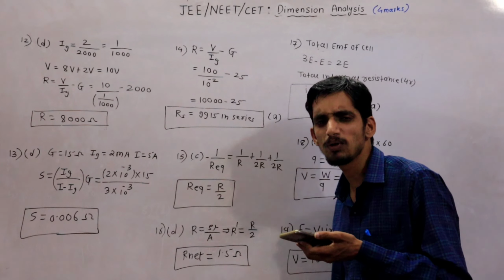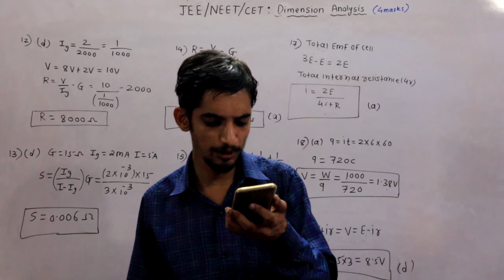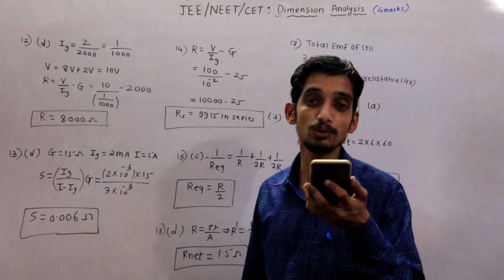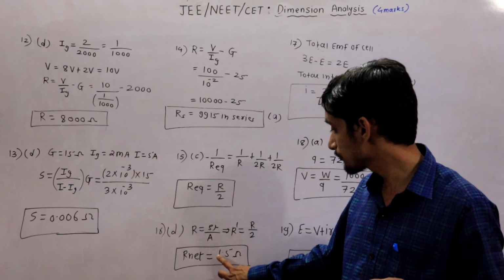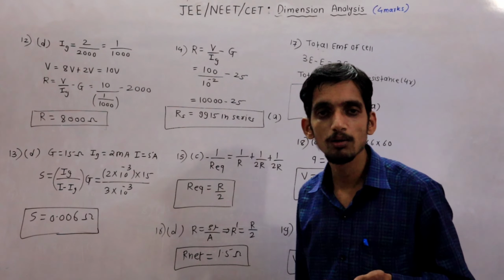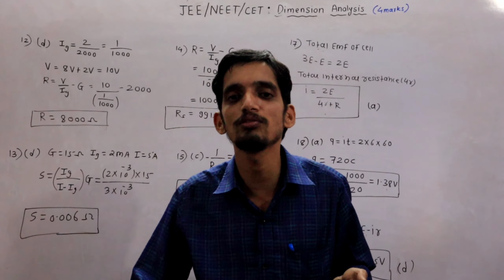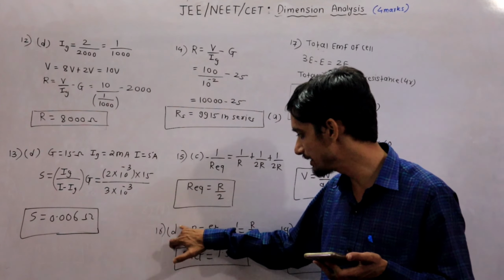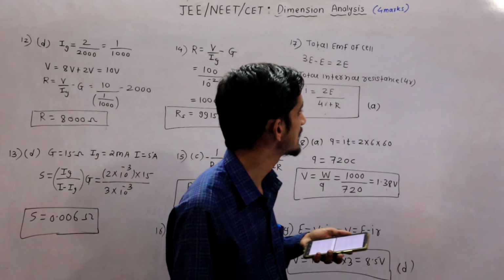Net resistance is equal to what? 1.5 ohm, because basically the wire has resistance of 6 ohm, each part is now 3 ohm, and connecting them in parallel gives 1.5 ohm. So 1.5 into 4, I am getting it as 6 ohm. So option D is the correct answer for this question number 16.